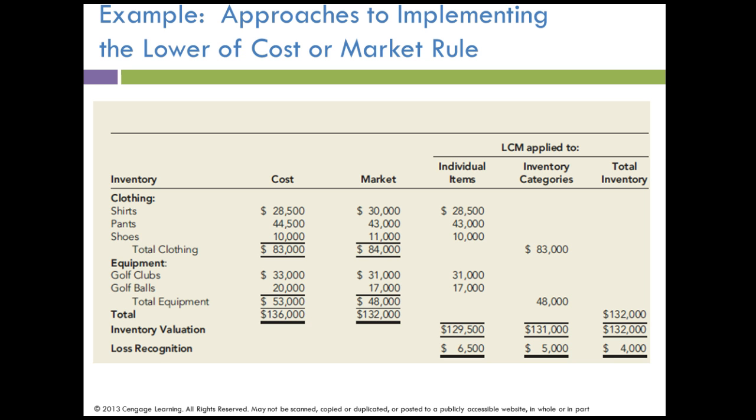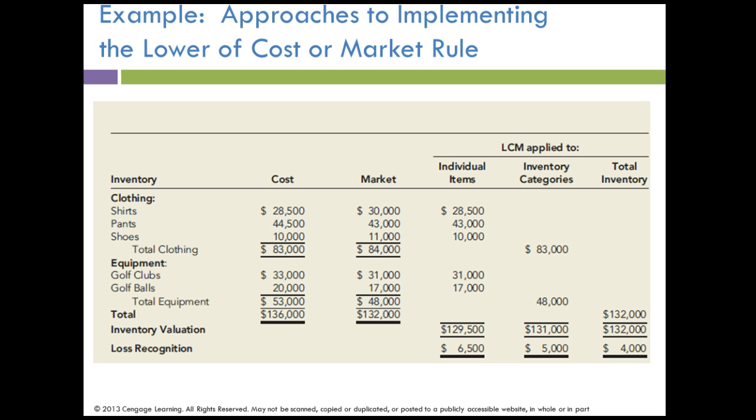So we take each of them and we lump them together, and then we do the same with the golf clubs and golf balls. And if we take our lower of cost or market as a total, we're at 129.5. When we combine our inventory categories, then we're at 131.